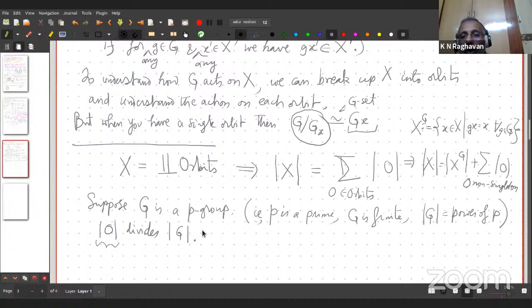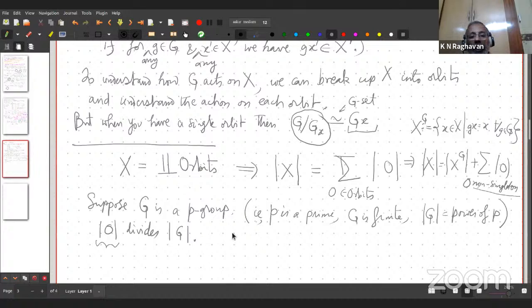We had used this to say that the order of any conjugacy class divides the order of the group. Now, when G is a p-group, this cardinality divides a prime power. What are the divisors of a prime power? They are powers of p, and of course 1 is also a power. But if I have taken non-singleton orbits, this cannot be 1. Therefore, these numbers are divisible by p.